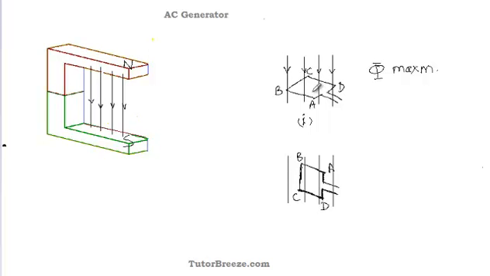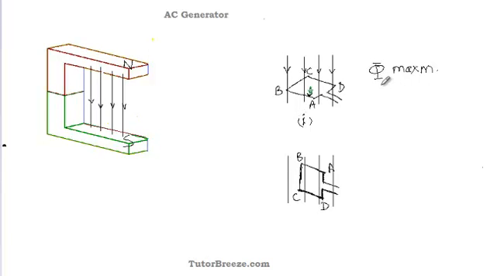The direction of the B vector is downward, and the area vector, perpendicular to the area, is also in the downward direction.